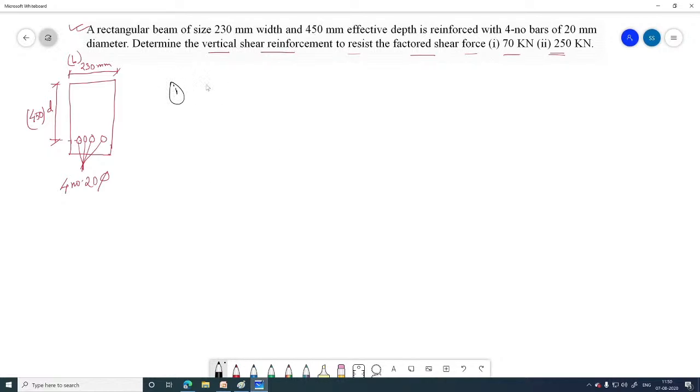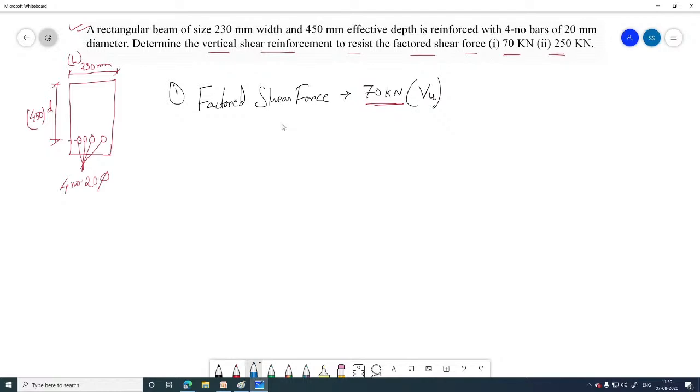The factored shear force VU for the first case is 70 kilonewton.